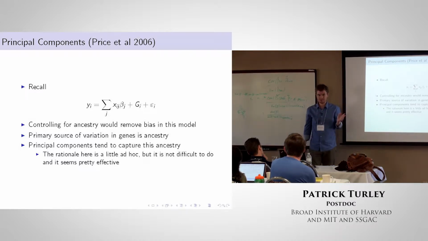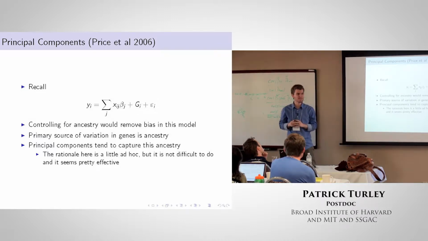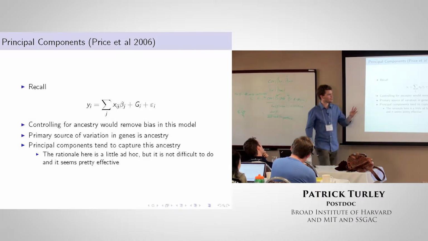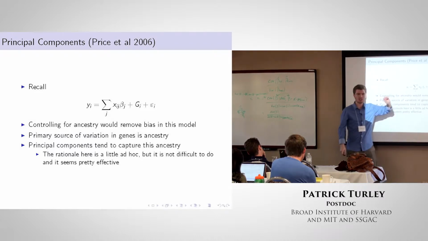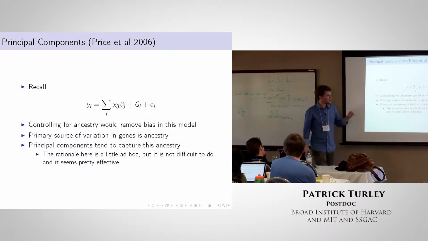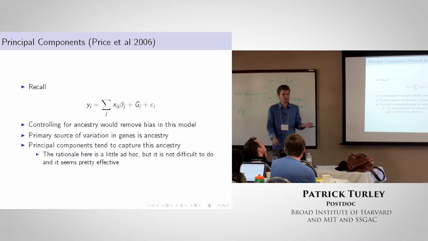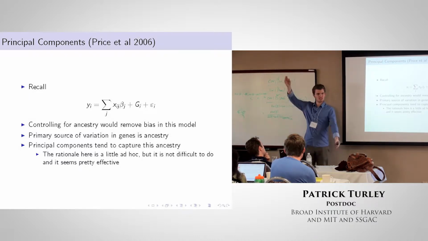We don't know G, and so we say, well, let's think if we can find a proxy. Is there something that's kind of G-ish, something that's going to explain the variation in G, and so it'll get rid of the bias that's being introduced because a person's SNP is predicting their ancestry, which is predicting G. The reason that we turn to principal components is, as you know from your problem set, they are trying to capture the dimensions of the most variation.